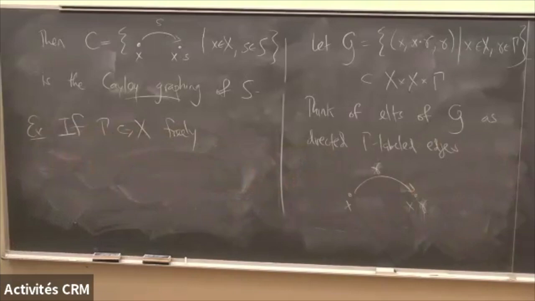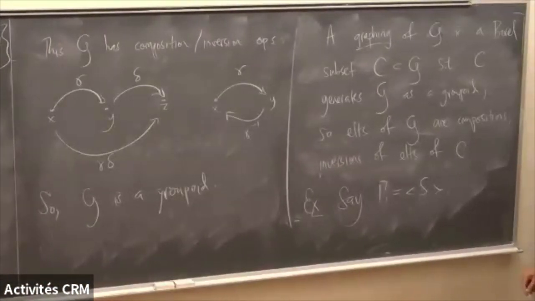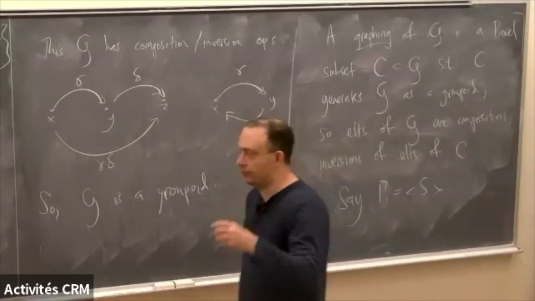If you have a free action, then if you have two points in the same Gamma orbit, there's a unique edge going from one to the other, so a graphing just needs to connect everything in each Gamma orbit.